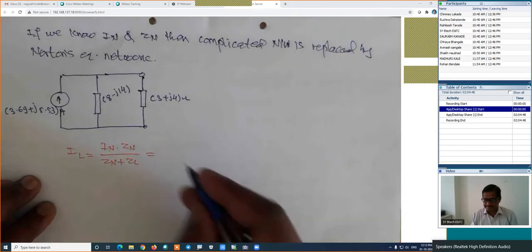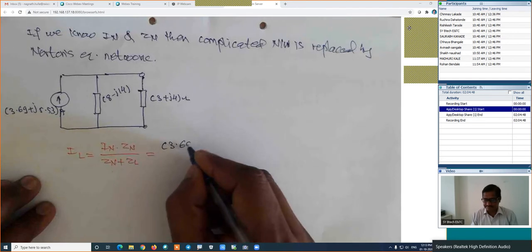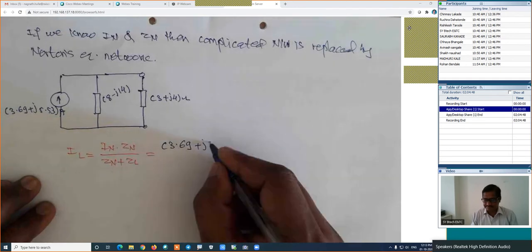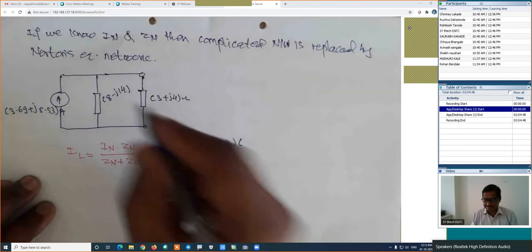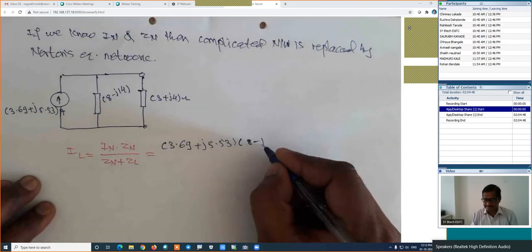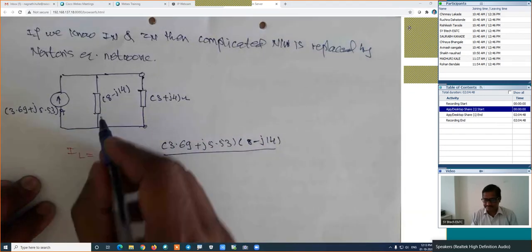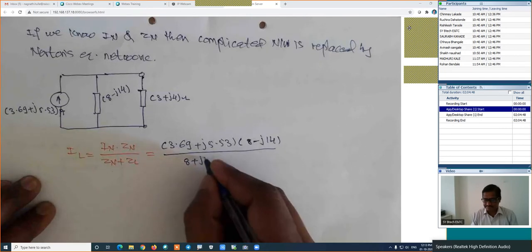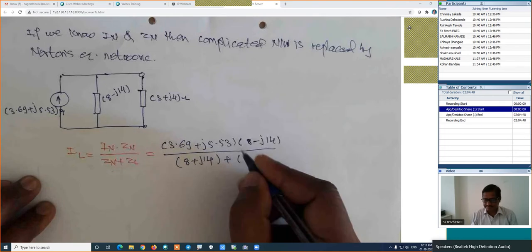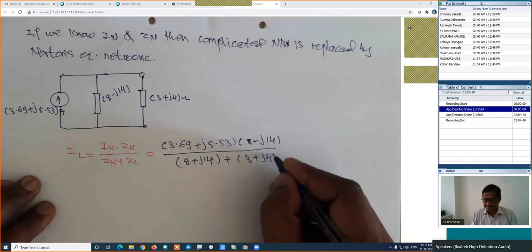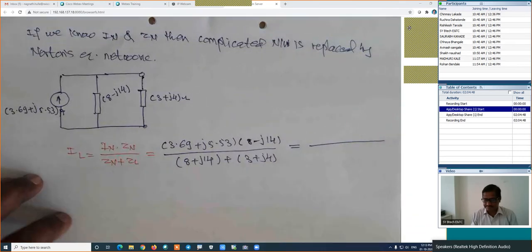In is 3.69 plus J5.53. This is In into Zn. How much is the Zn? This value 8 minus J14 divided by Zn plus ZL, 8 minus J14 plus ZL, 3 plus J4. First, I will find out the denominator, and then we will find out the numerator.